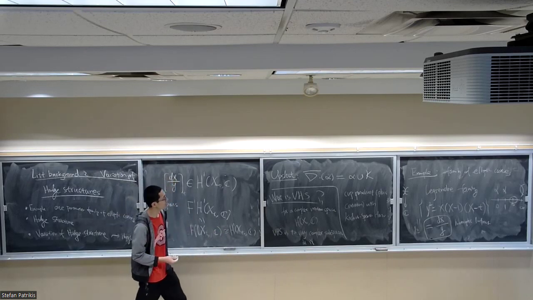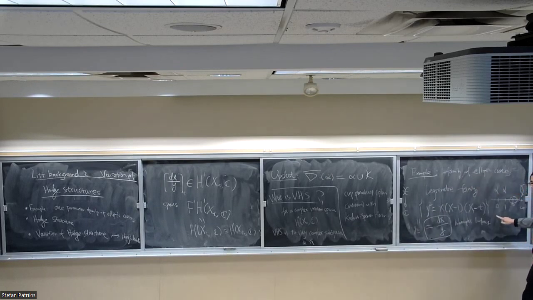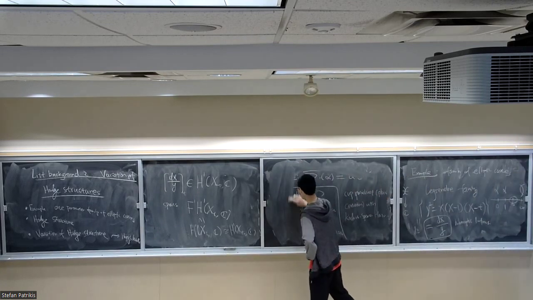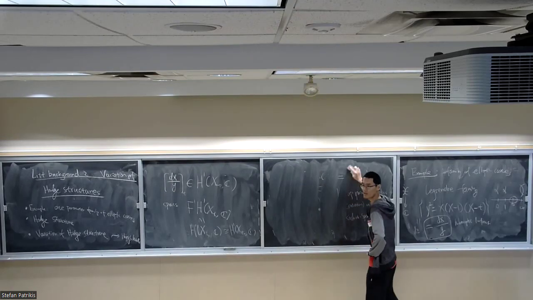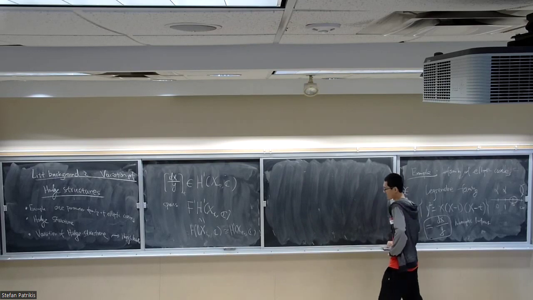And this is a local variation, and globally you can even think about going around these three punctured fibers, and this is governed by the Picard-Fuchs equations, which Christian mentioned in the first talk.